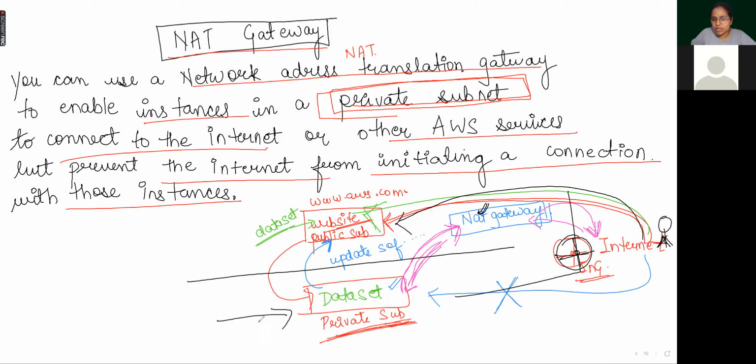They can't go and check your data set. This is the difference between public IP and private IP, and the connection with the internet gateway and with the NAT gateway. Making sense to you? Great.